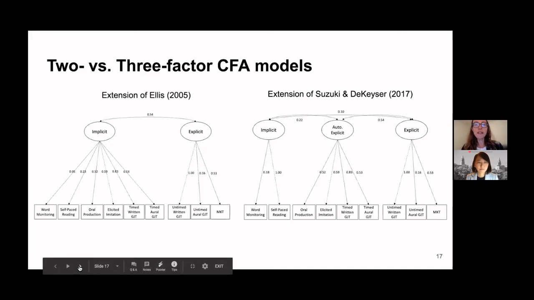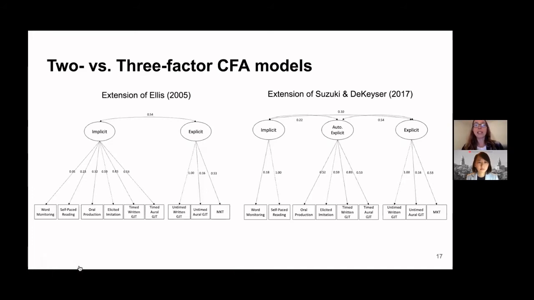And so on the left, you see an extension of the Ellis 2005 model that Kathy introduced to you previously. And on the right, we have an extension of the Suzuki and Kormos model. These models differ in that they have 2 versus 3 factors of linguistic knowledge respectively.